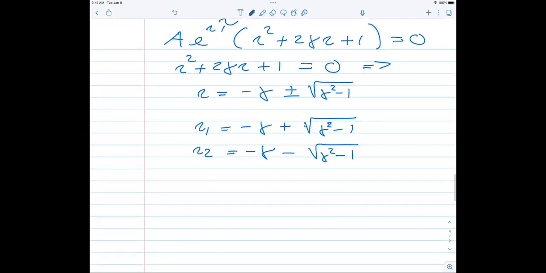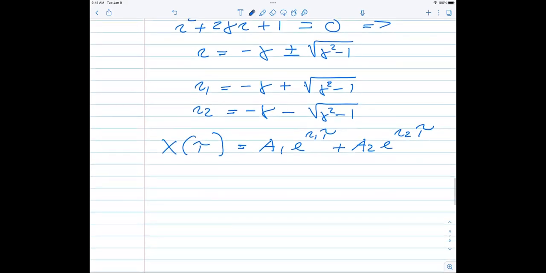And that means that my solution now is going to be given by these two terms. So there will be a constant A1, which we can use the initial conditions to define, times e to the R1 tau, plus a new constant A2, which is also defined by the initial conditions, times e to the R2 tau here.